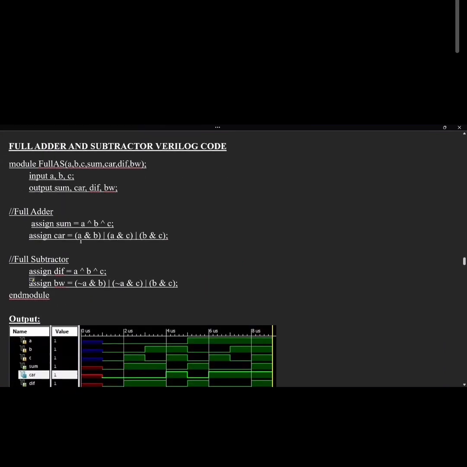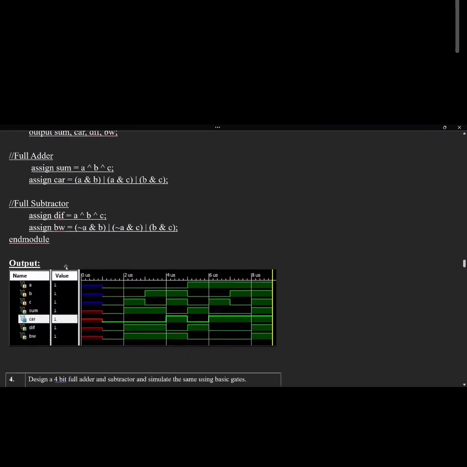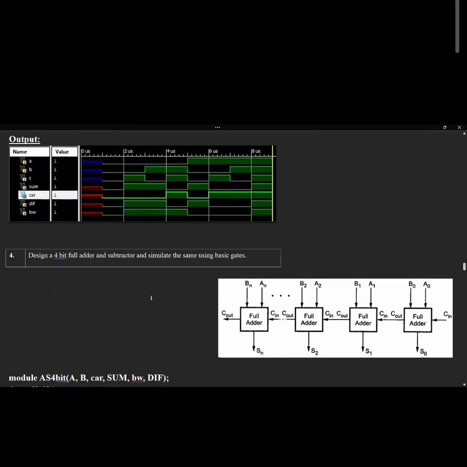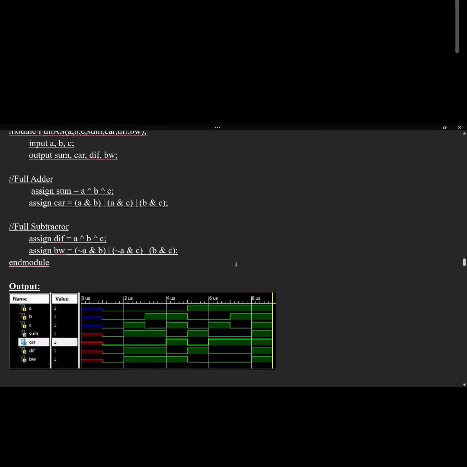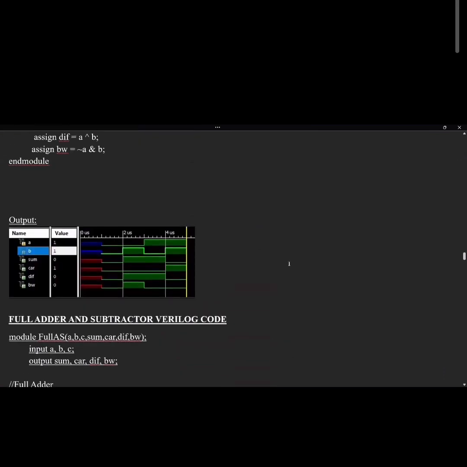We have written this using logical operators. Last is end module. Like this we have to write the Verilog code. By giving inputs to A, B, C, we get the outputs for sum, carry, difference, borrow in the Xilinx software. Like this, we have to write the Verilog code and check. Thank you.